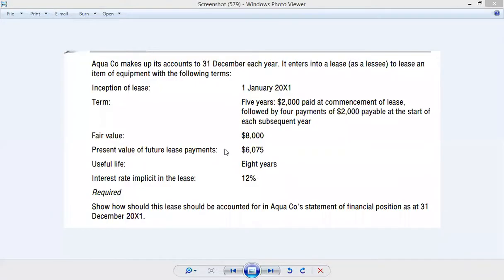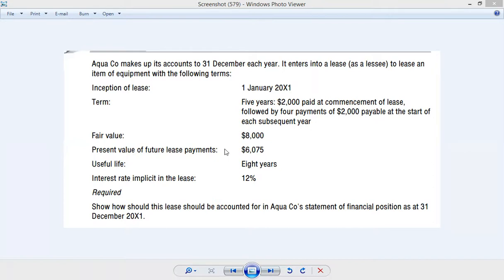Okay, let's do this one. Aquaco. It goes like this. Aquaco makes up its accounts to 31 December each year. It enters into a lease to lease an item of equipment with the following terms.